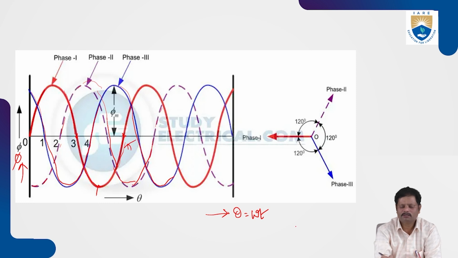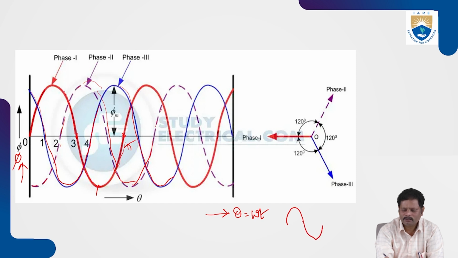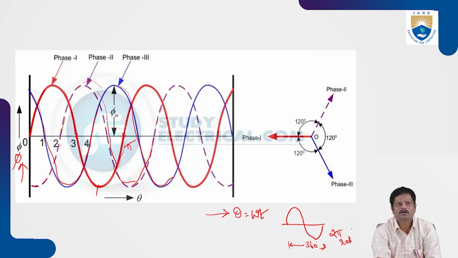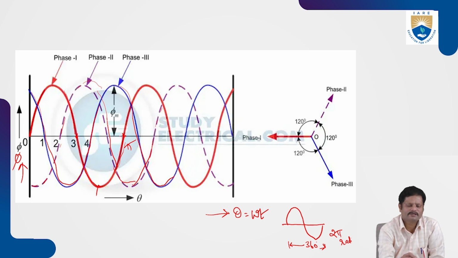So one cycle, one positive half cycle and one negative half cycle, is completed with theta equal to 360 degrees or 2 pi radians, and after that it repeats the second cycle like that.